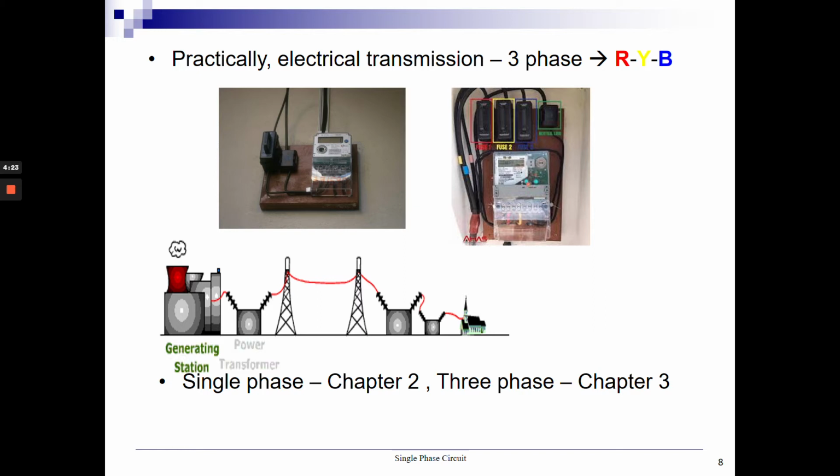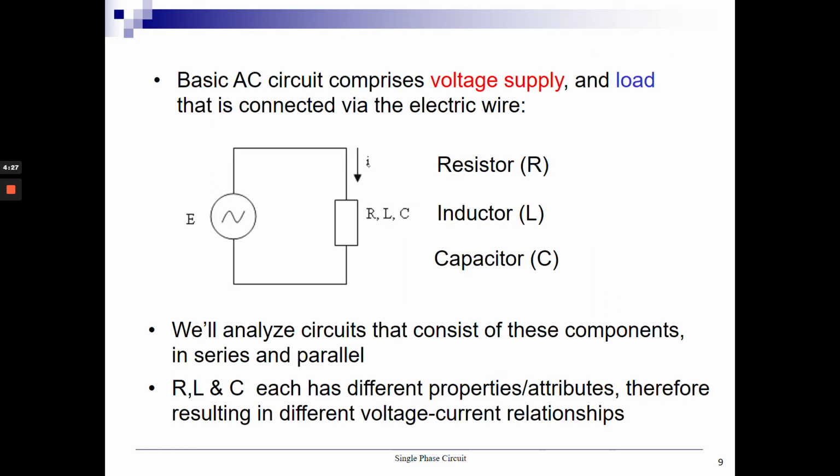For chapter 2, we will learn about single phase, and for chapter 3, we will learn about 3 phase. This is the basic AC circuit, which includes a voltage supply and a load that is connected via electric wire. The load is either R, L, or C, or a combination of R, L, and C.